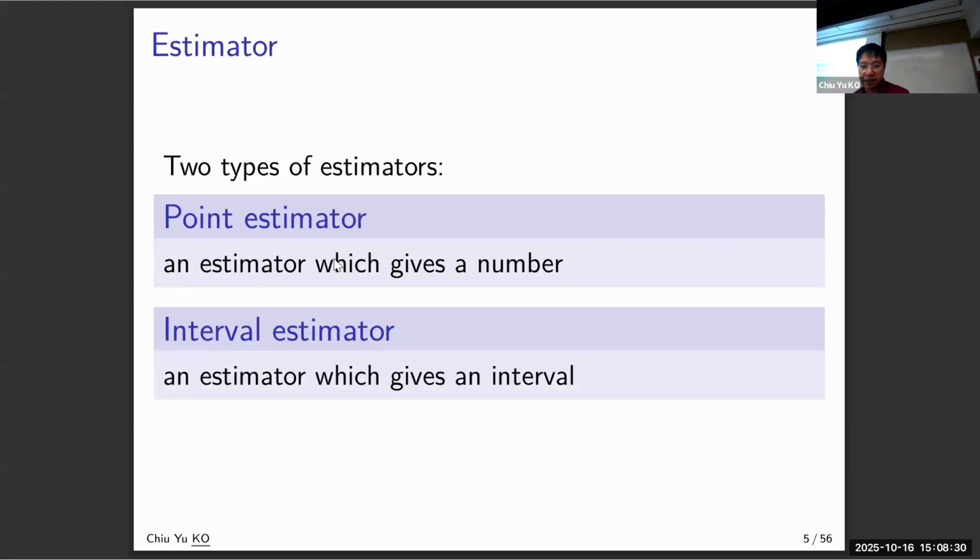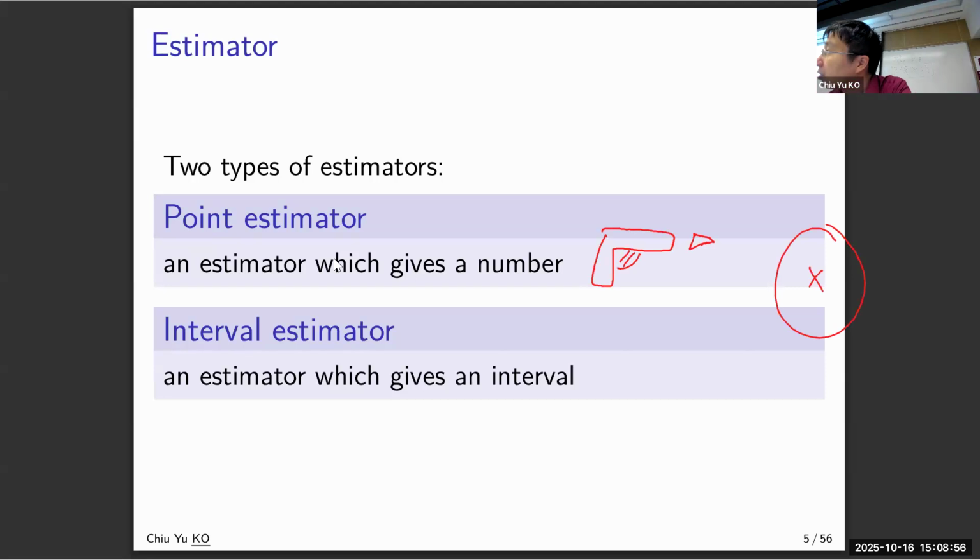And at the beginning, I mentioned that there are two types of estimators. One is the point estimate. Point estimate is this, like a pistol, you're going to hit the target, the point.